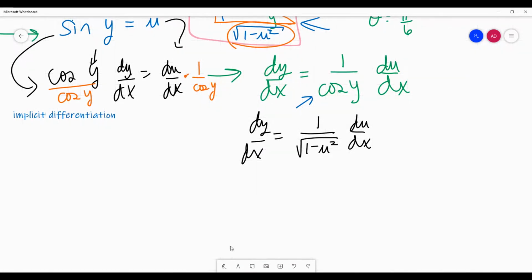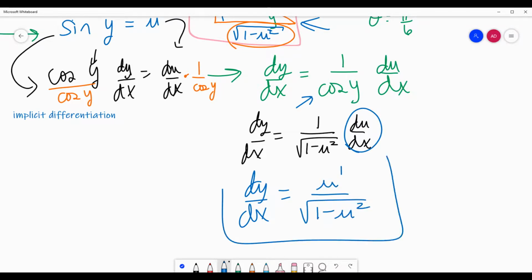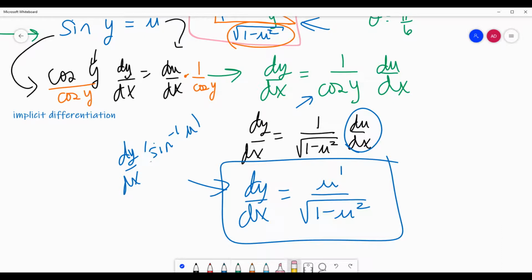Just remember, u prime and du/dx are the same statements. So instead of du/dx, I could say u prime over the square root of 1 minus u squared. And hence, that is dy/dx of inverse sine of u. And that's not a negative, please don't think that's a negative.